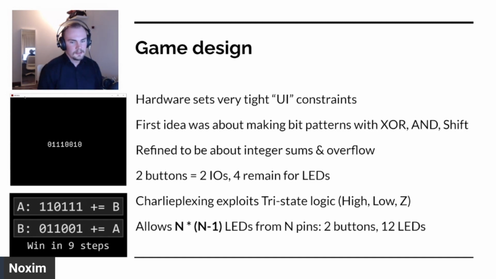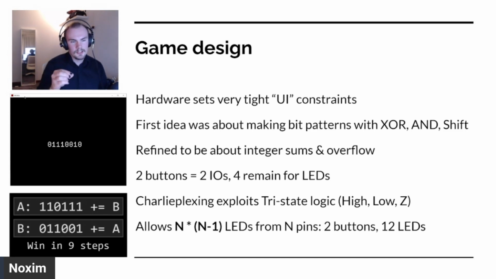But Charlieplexing, like I said, is a technique that lets us exploit the nature of these GPIO pins. Instead of being just pure on-off, like binary, these pins are actually tri-state logic. What that means is each of these pins on a microcontroller can either output high voltage or low voltage to control, for example, an LED. If it outputs high, then the LED comes on.